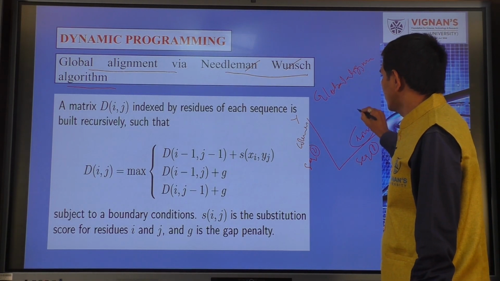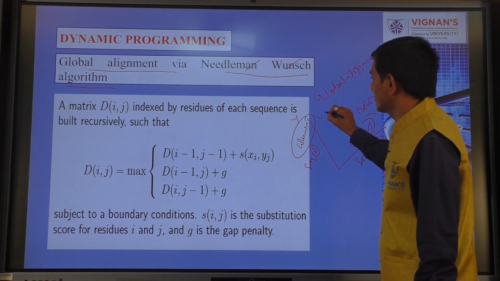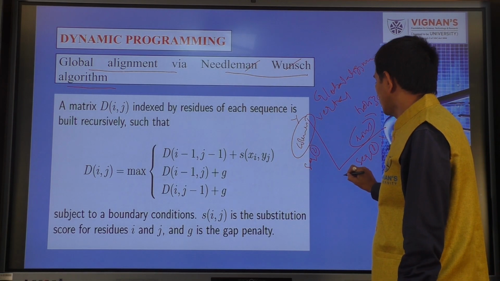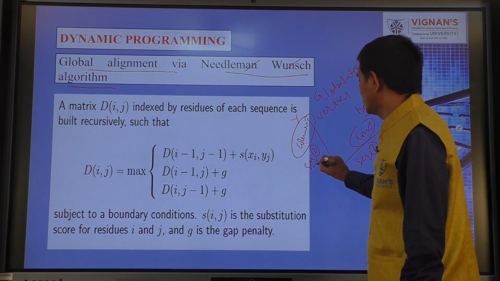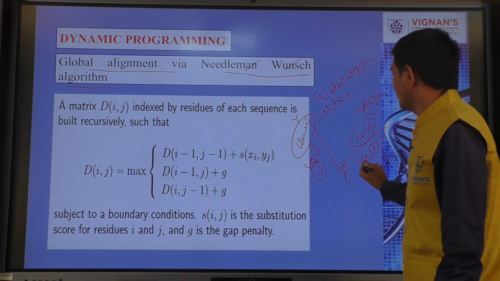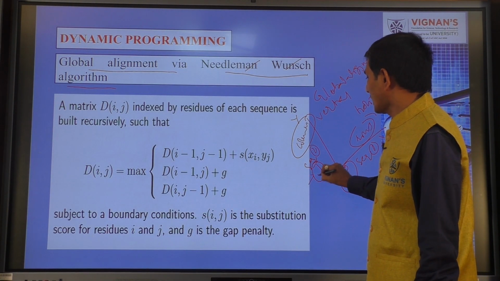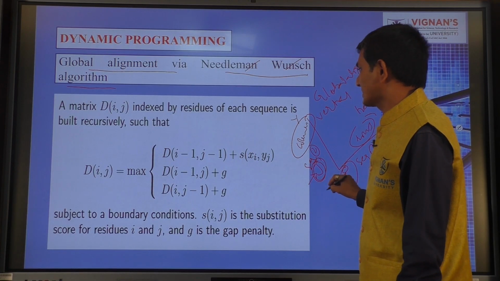Rows are always horizontal and columns are always vertical. Rows are assigned i and columns are assigned j. Rows are always horizontal, that is, i is plotted along the x axis, and columns are always vertical, so j is plotted along the y axis.